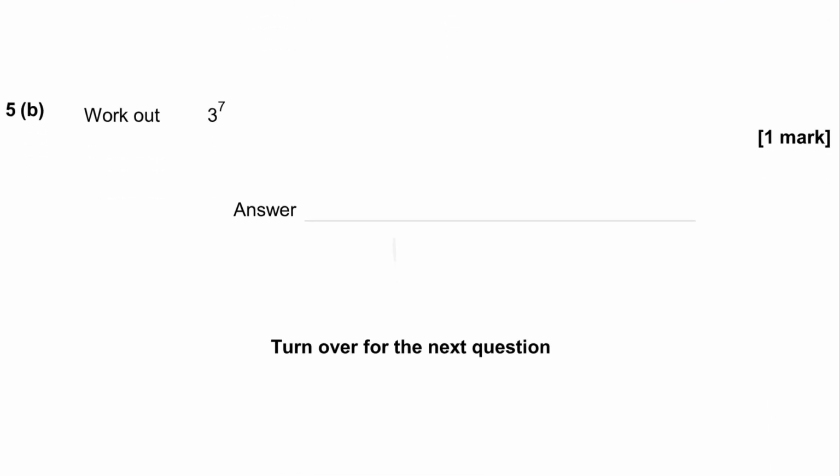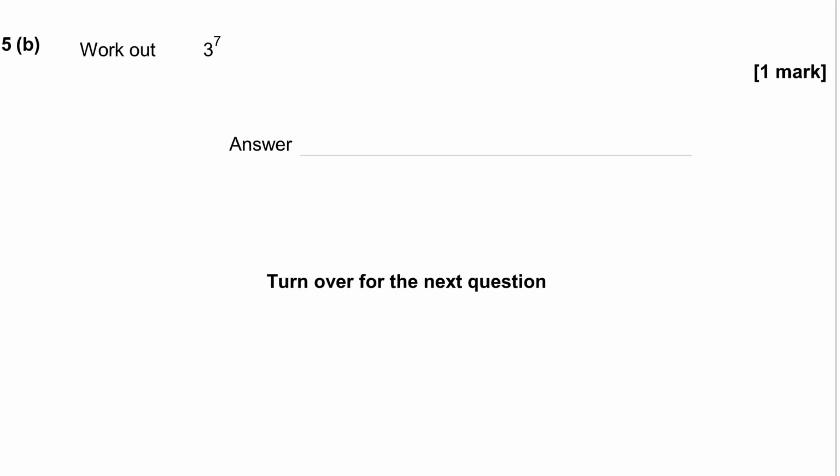Similarly, my next question is work out 3 to the power of 7. Now again, different calculators have a power key that's written slightly differently. Some of them are written like x to the n. Some of them have a little x and a little square where the power should be. Some of them just have like a little up arrow like that. Again, you need to work out which is your power button.